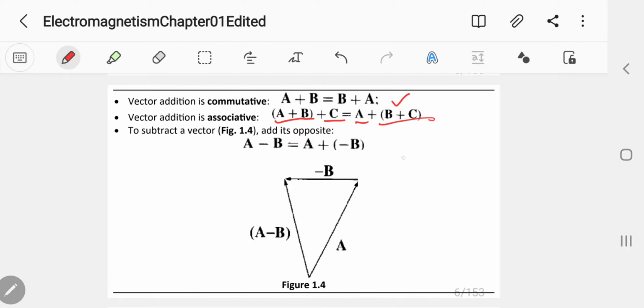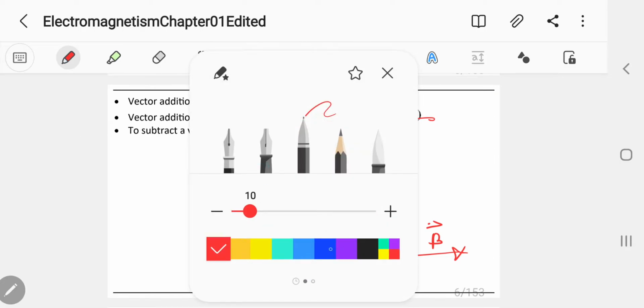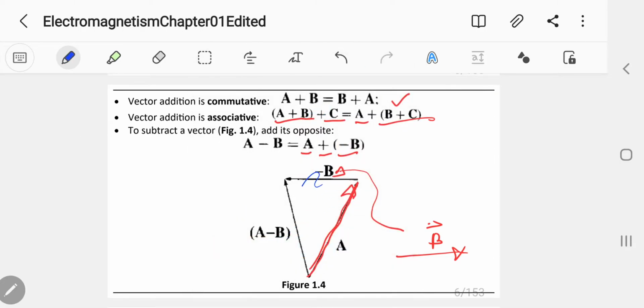Now the next one is A minus B. This is just equal to A plus negative B. Because you have A there, and supposedly B is this vector, and this is now negative B. So you're adding A plus negative of B, which is this one.